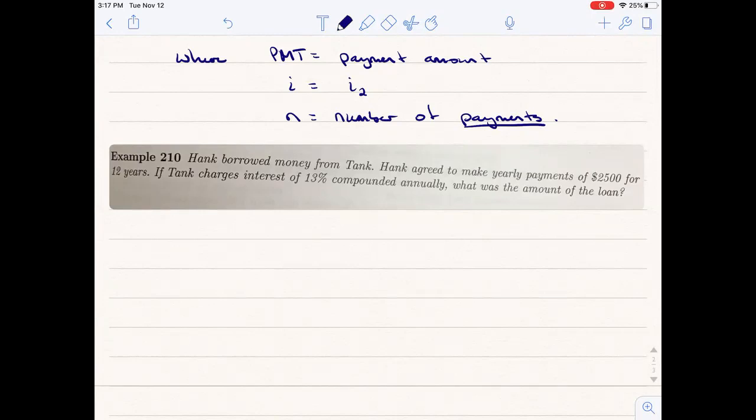First thing I want you to do is sort through what we're given and all that fun stuff. But one of the first things I want you to do is figure out what your payments per year and what your compoundings per year are. If they're the same, then you don't really have to find I2. I will, just to show you that it ends up being the same thing.